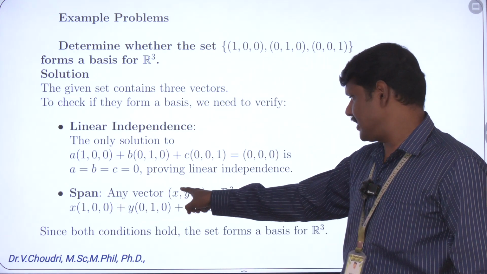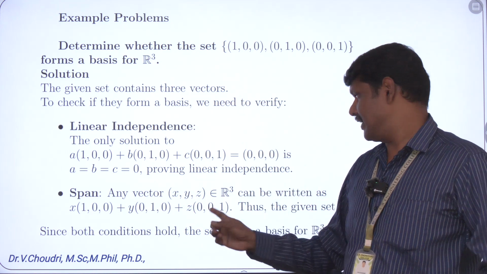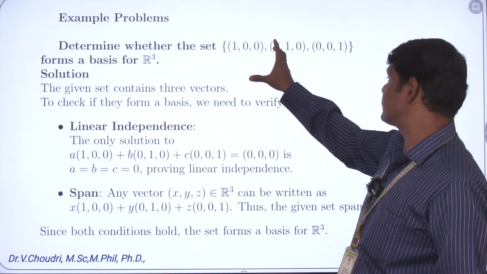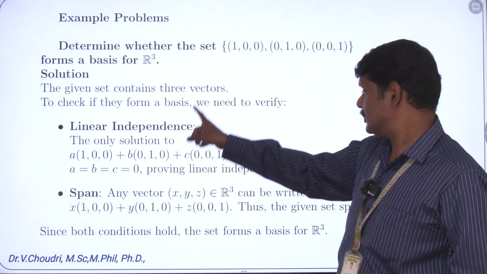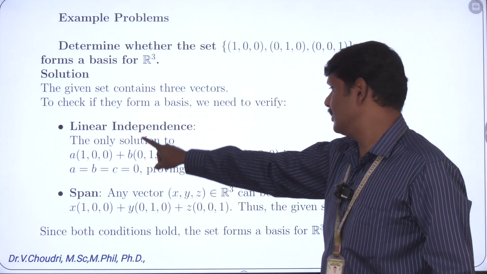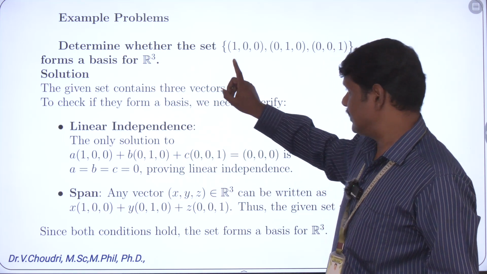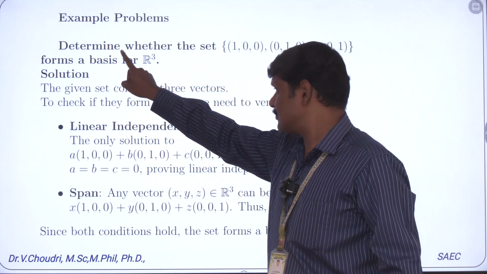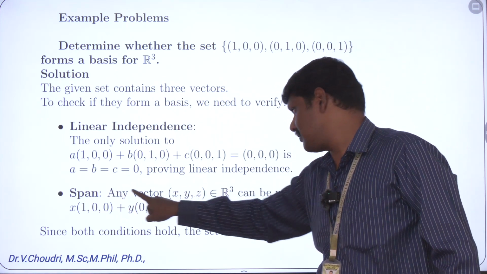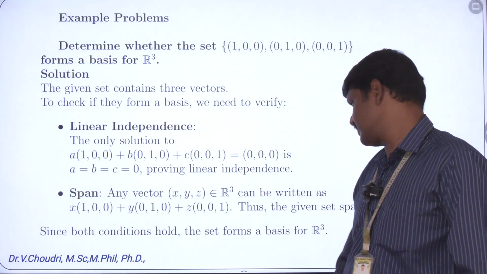So replace x y z by any numbers. We can write like this linear combination. So the elements of this vector span by these vectors only. So that is called basis. See, the basis condition satisfied by first condition linear independent, second span of these vectors. Clear? Okay.